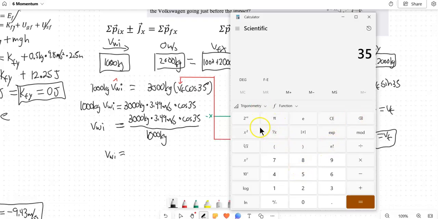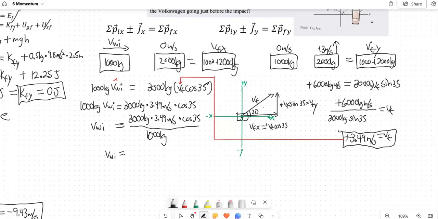We're going to multiply that by 3.49, times 3,000, equals, and we're going to divide that by 1,000. 8.58. So the Volkswagen was traveling 8.58 meters per second. And that is this problem.